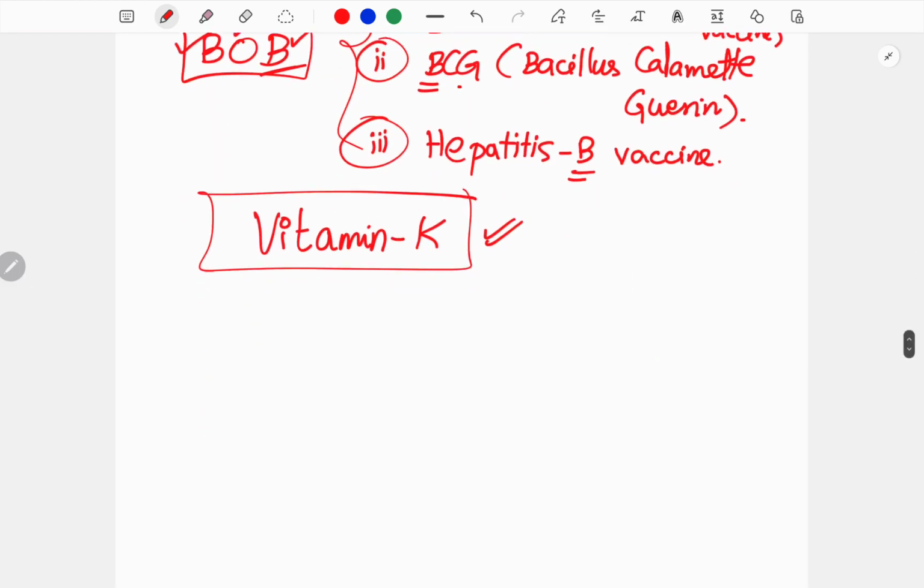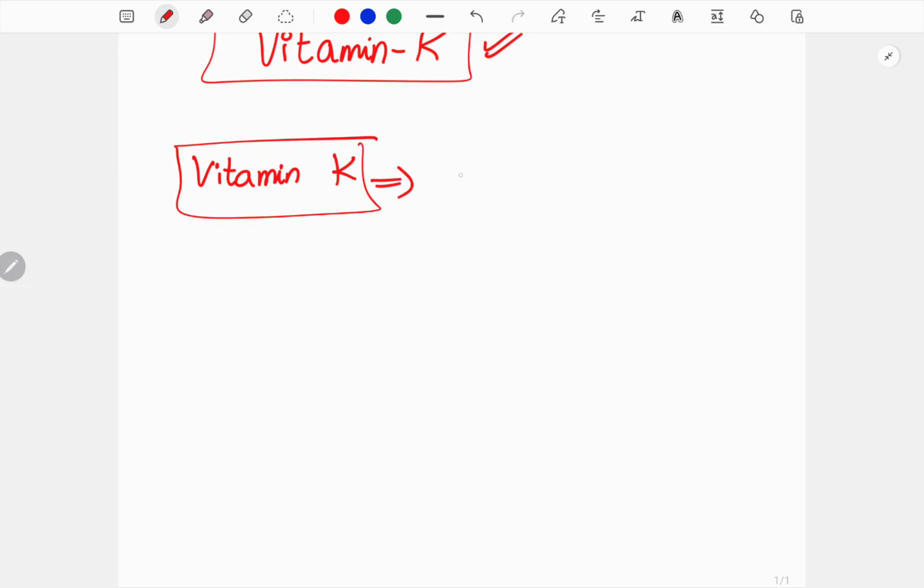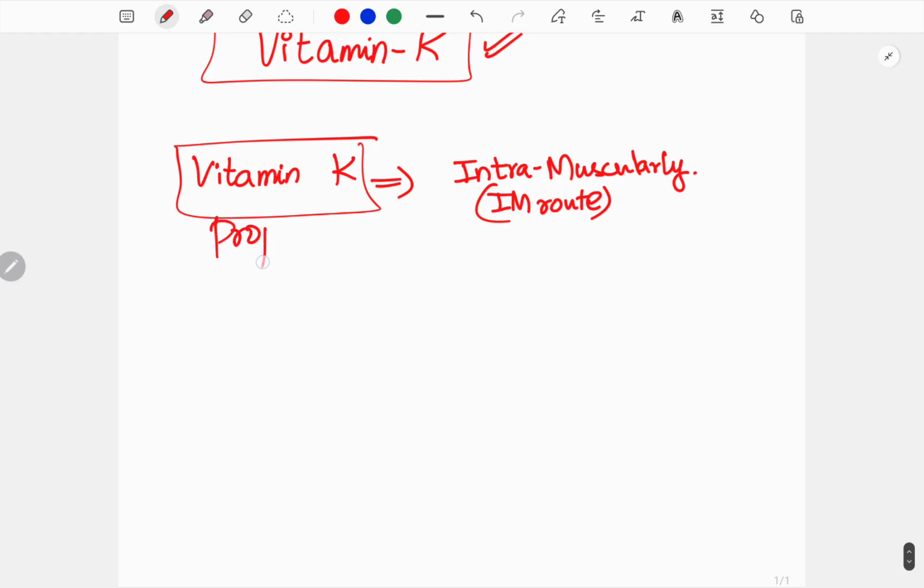So let us discuss all these three in detail. Vitamin K. Vitamin K should be injected intramuscularly, in the IM route. So this is vitamin K prophylaxis.